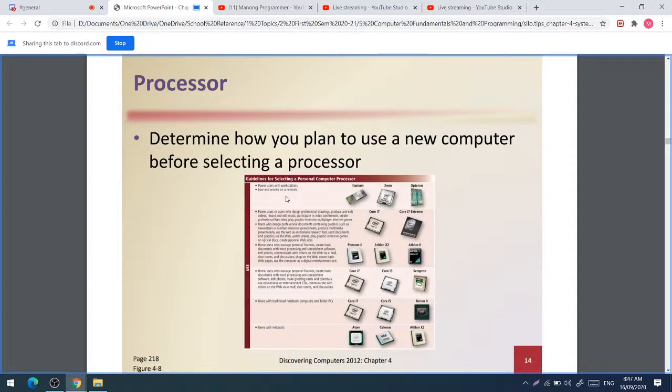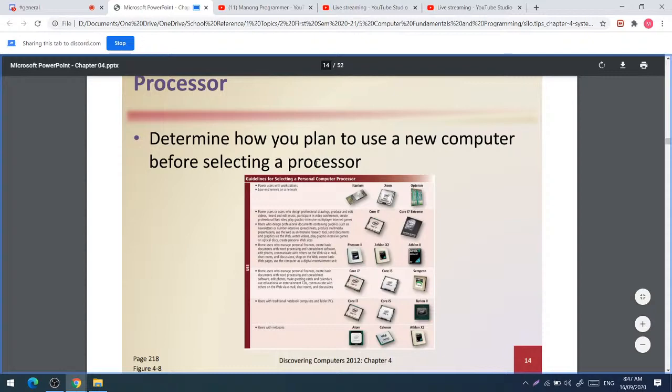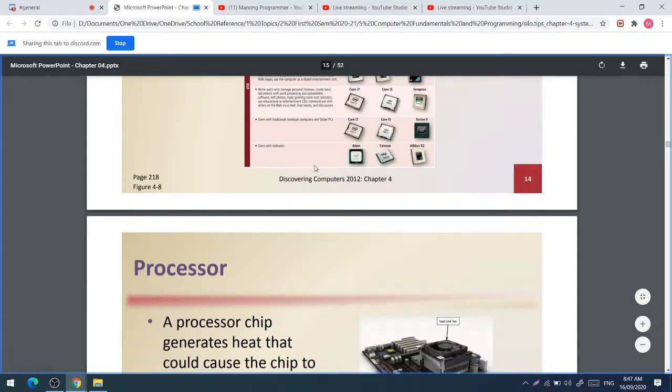So, yung processor mo mabilis, yung capacity ng RAM mo maliit. So, forward siya ng forward ng information ngayon, natatraffic lang din sa memory. So, instead na bumilis yung computer mo, naging mabagal pa siya. So, determine the different specifications of your computer before purchasing it.